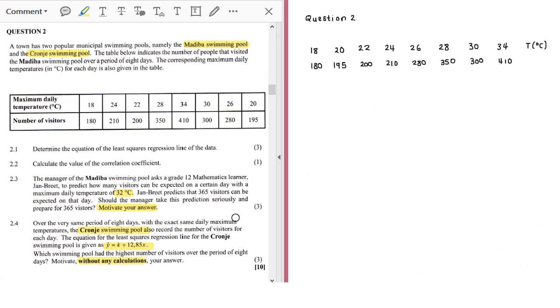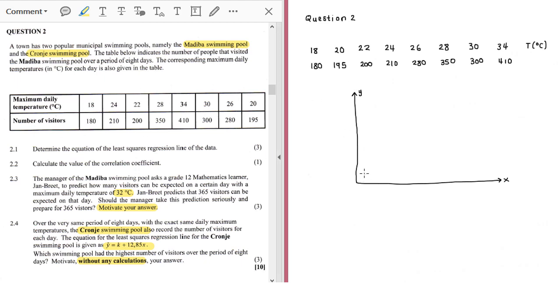We know that normally this equation of the least square regression line would be on a scatter plot. So if we think of our scatter plot, we would have our y-axis and our x-axis. What goes on the y-axis? What is the independent variable over here? Well, the independent variable over here is the number of visitors.